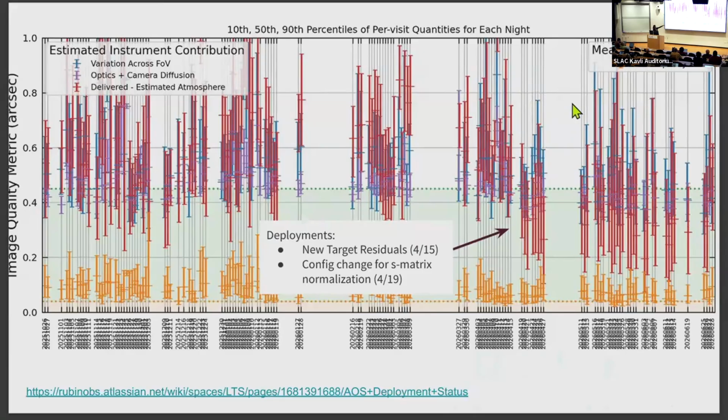And that drop was a final measurement and a first tweak of what we call the target residual.